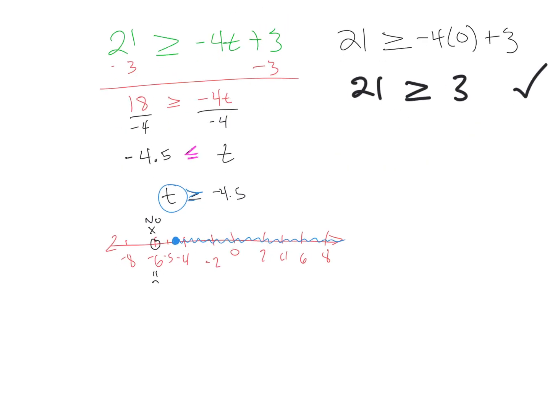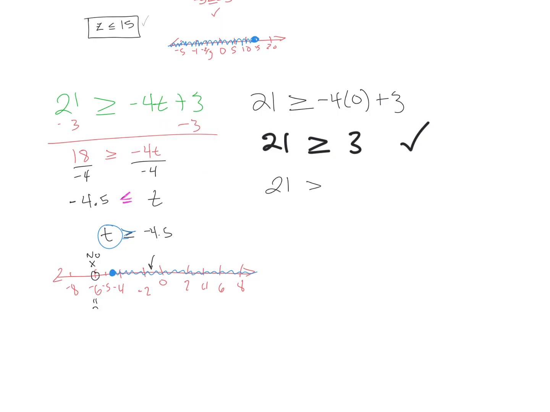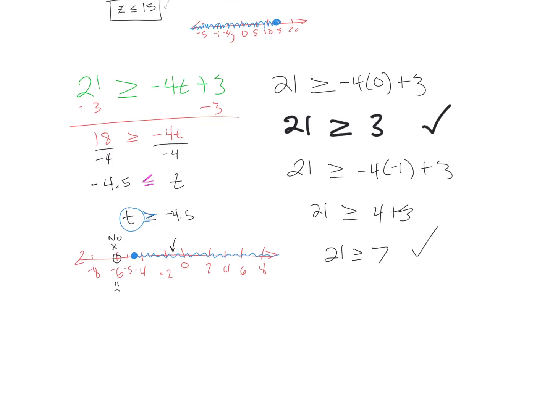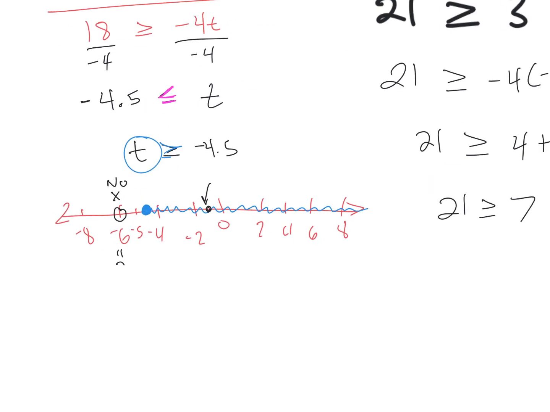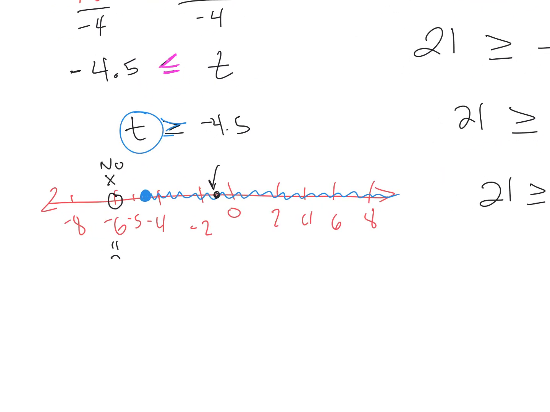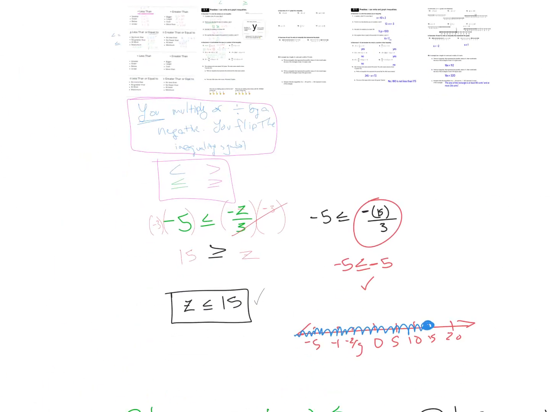Okay, but what if we put in another negative number? What if we put in -1, okay? So 21 is greater than or equal to -4 times -1 plus 3. 21 greater than or equal to, that's now +4. Is 21 greater than or equal to 7? It sure is. We didn't pick it earlier because we used -6 on their advice, right?